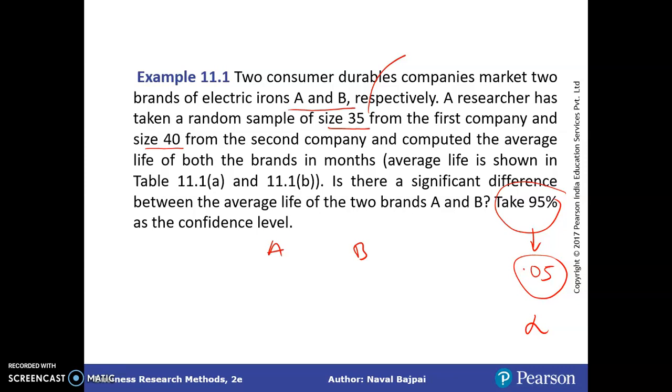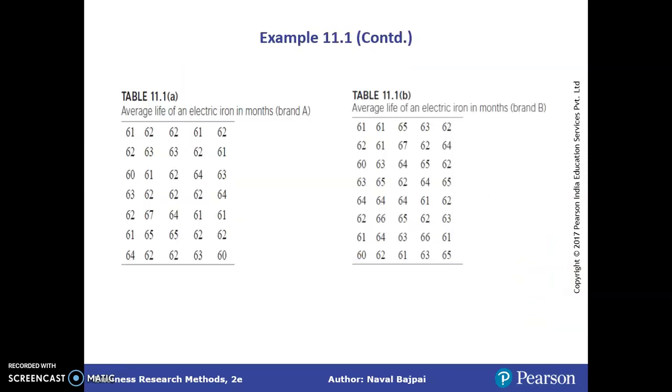So let's have a look at the data. This is the data for brand A and this is for brand B. We need to calculate the different values which we require to plug in the formula. So we need to calculate x1 bar, which is the mean of all this data.